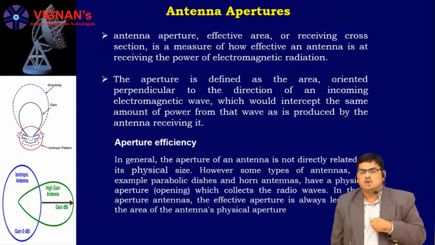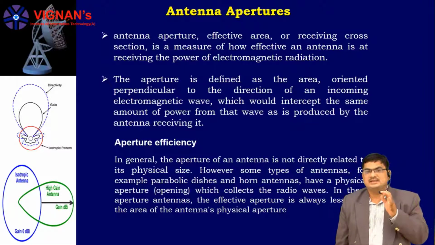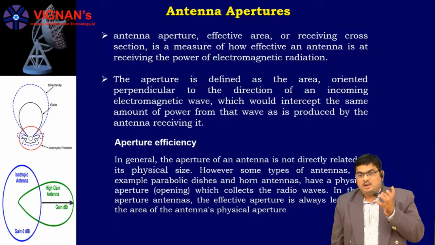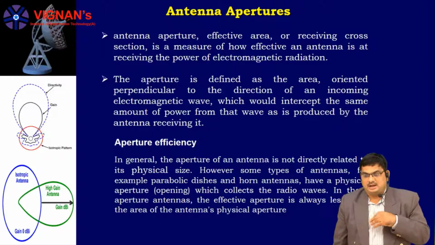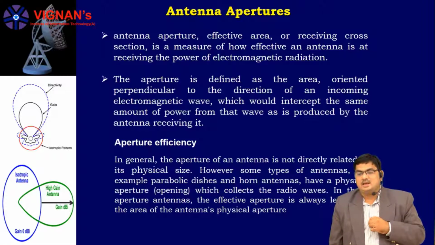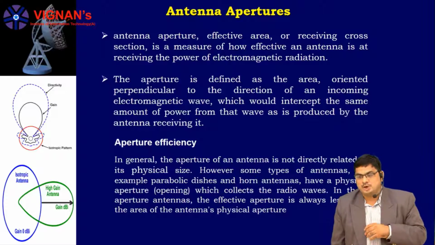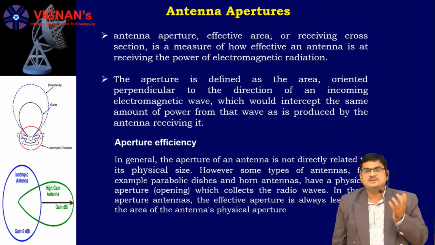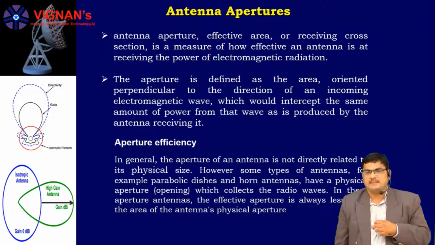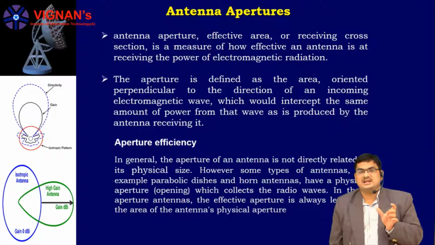Antenna aperture is also defined as the area oriented perpendicular to the direction of the electromagnetic wave, which would intercept the same amount of power from the wave as is produced at the receiving antenna. The next important definition is antenna aperture efficiency.